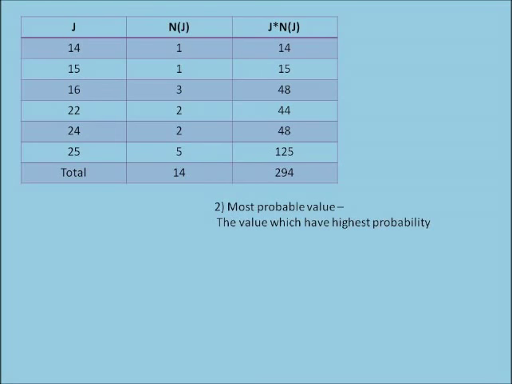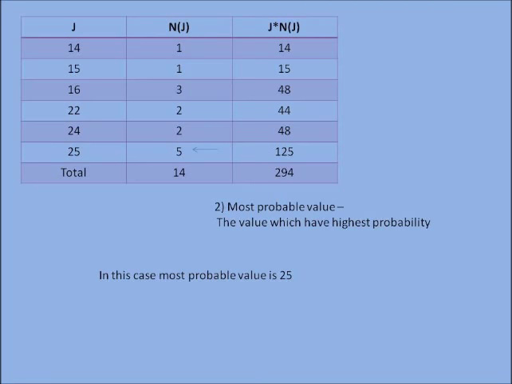Now we will see the most probable value. It is the value which has highest probability in the distribution. In this case, 5 states and 25 photons is the most probable value.